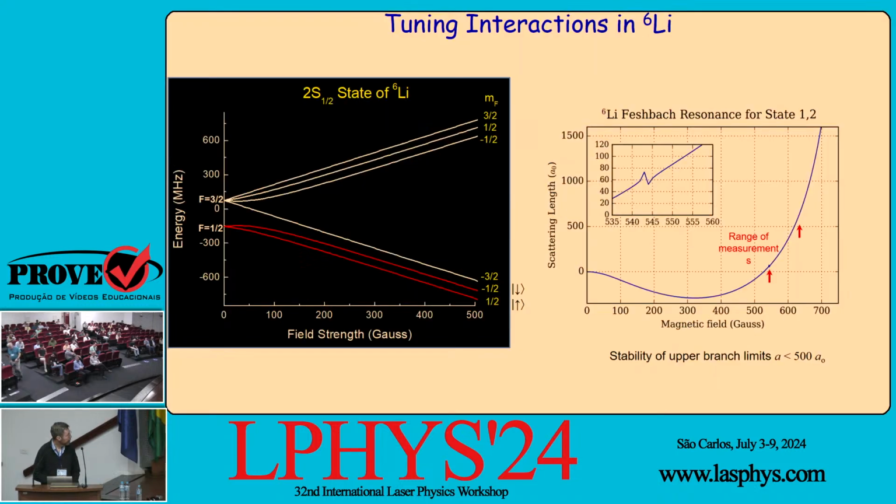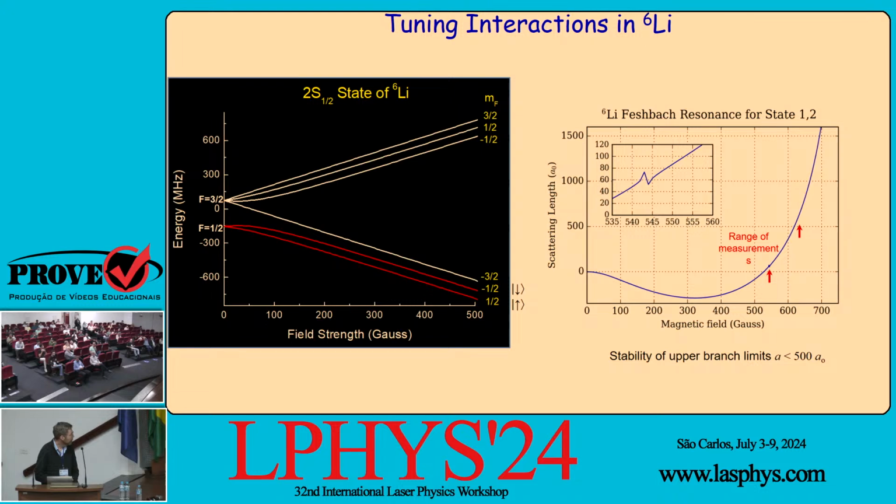So this is what the Feshbach resonance looks like. I won't go into the details on how it works, but the basic idea is that you put an atom in a magnetic field, and in this case, this is a Fermi gas, and so I have a spin up and a spin down atom, and they interact in some ways, and the interaction can be tuned by a magnetic field, which produces this Feshbach resonance.